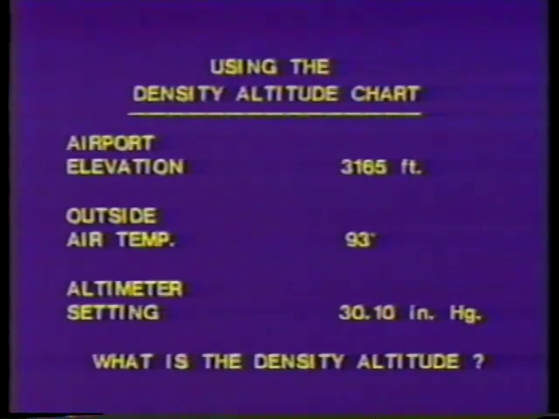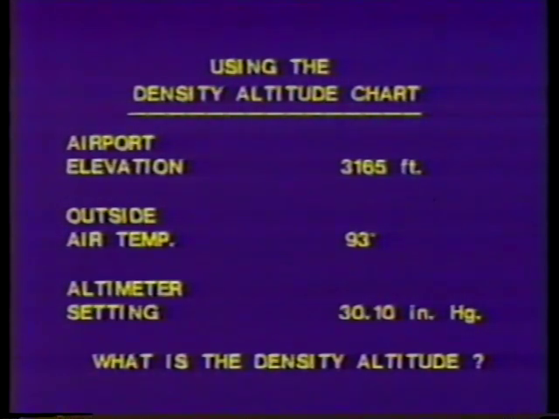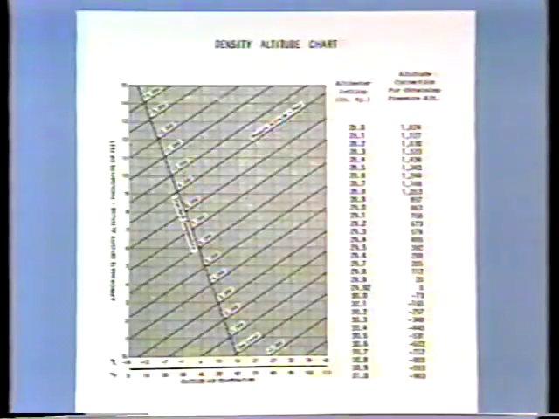For example, if the airport elevation is 3,165 feet, the outside air temperature is 93 degrees Fahrenheit, and the local barometric pressure is 30.10 inches of mercury, what is the density altitude? First, convert the true altitude to the airport pressure altitude. To do this, refer to the density altitude chart.